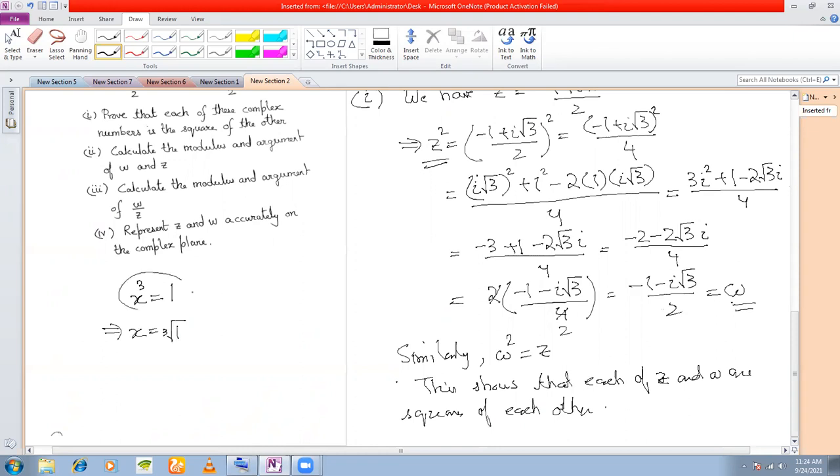How many roots will this equation have? Till now what you have done is you have only said that x is equal to 1 is only one root. What about the other roots? The other roots of this equation are actually complex, because you can write this as x cube minus 1 is equal to 0, and then you can factorize this. This is called the cube root of unity. So therefore you can find the roots as minus 1 plus or minus i root 3 by 2. These are the other two roots.